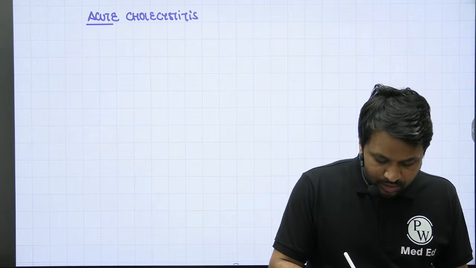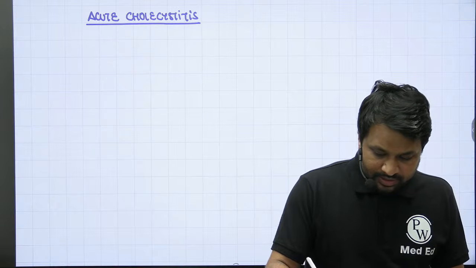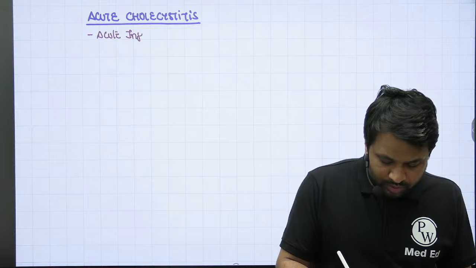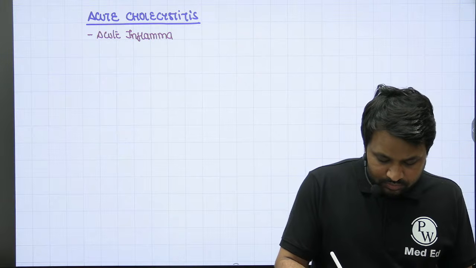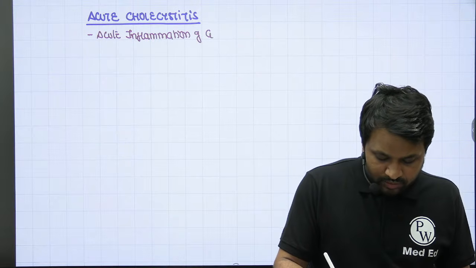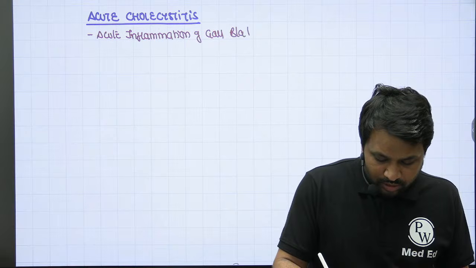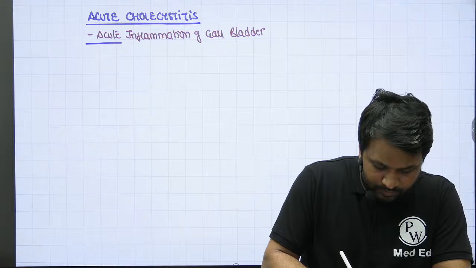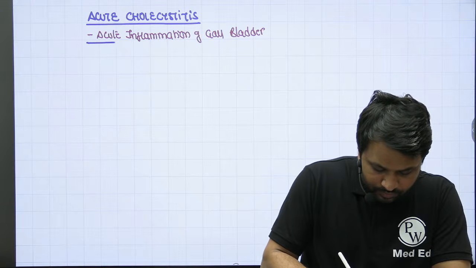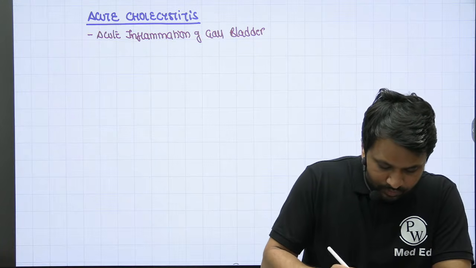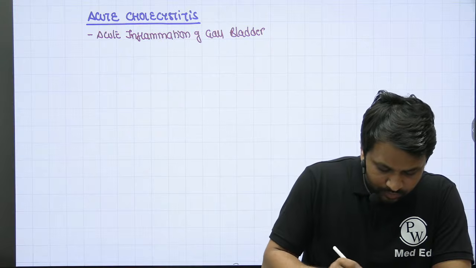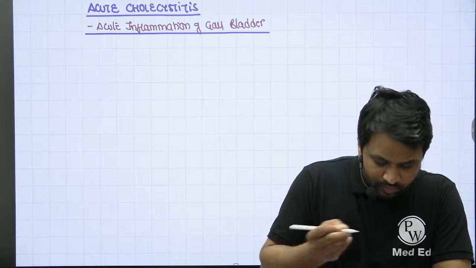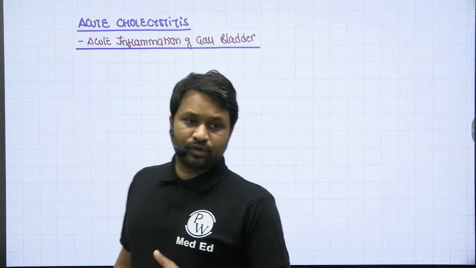When we say acute cholecystitis, it is defined as an acute inflammation of the gallbladder.